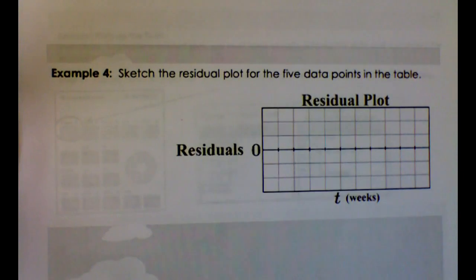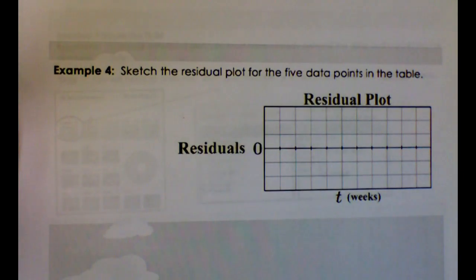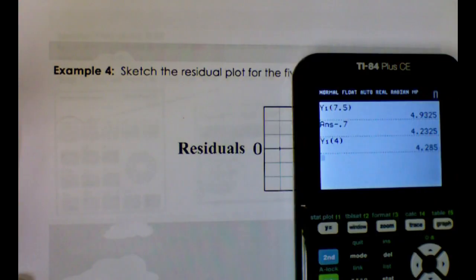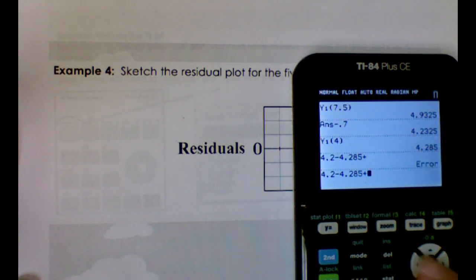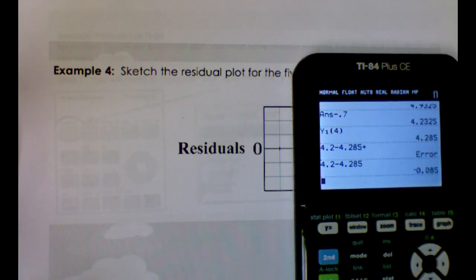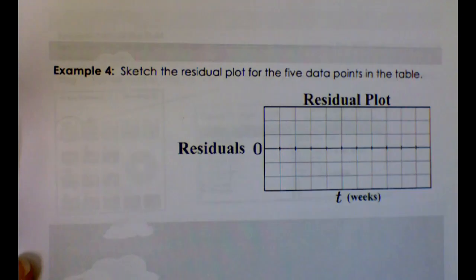Now we're going to sketch the residual plot for the 5 data points in the table. And to do this, I want to take my table and I say, all right, 4 weeks. Let's see what my prediction is for 4 weeks. It's 4.285. The actual was 4.2. I subtract 4.285. There we go. I get negative 0.085.